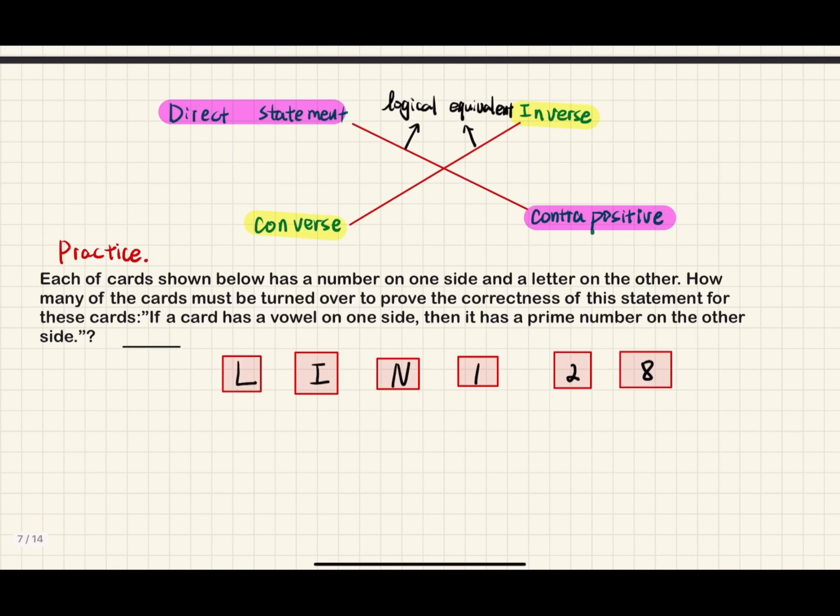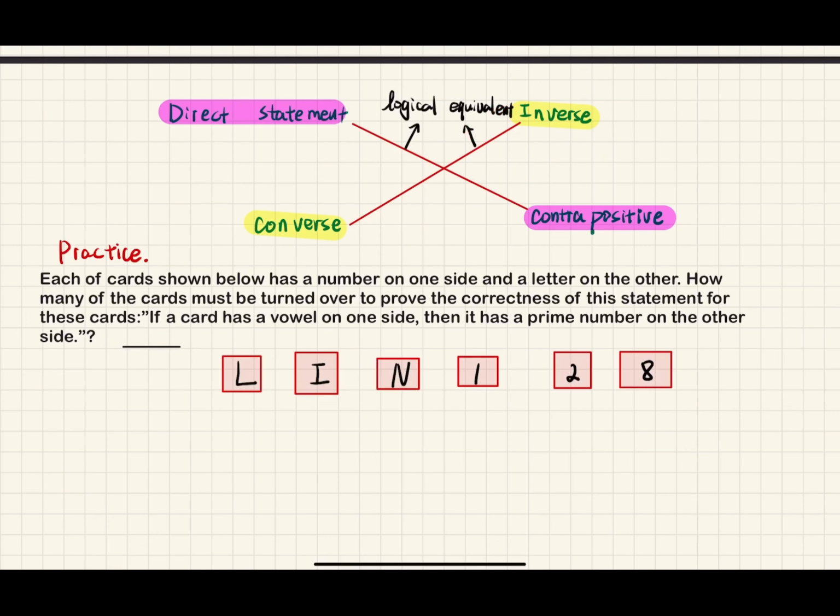Now I'm going to introduce a very important conclusion, which is the direct statement is logically equivalent to its contrapositive. Logical equivalent is a new word. I should say equal or sharing the same meaning, but in math, we call it logical equivalent. Its converse is logically equivalent to its inverse, right?